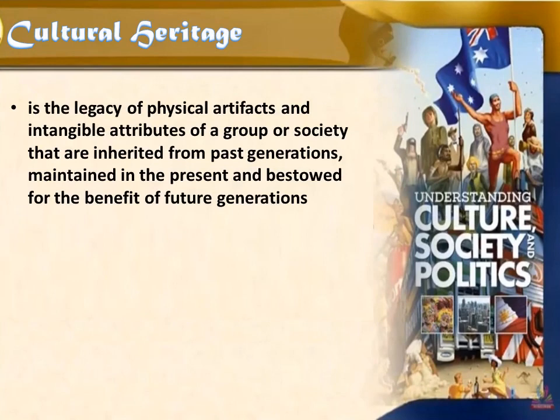Okay, so let us first know what cultural heritage is. According to John Feder, cultural heritage is a human creation intended to inform. An example of this is architecture, such as buildings, houses, and structures.